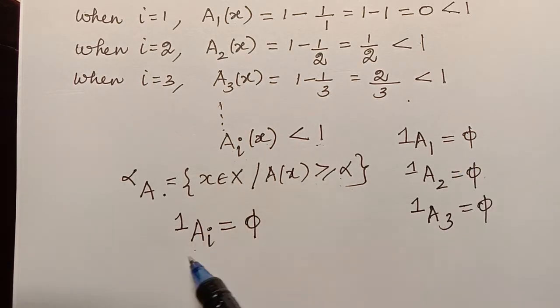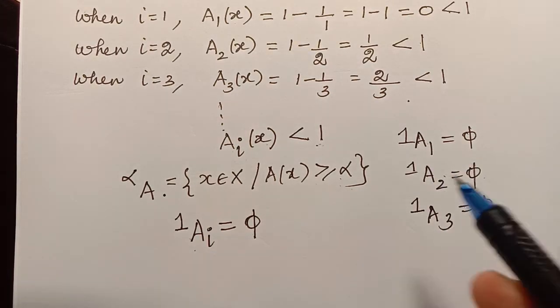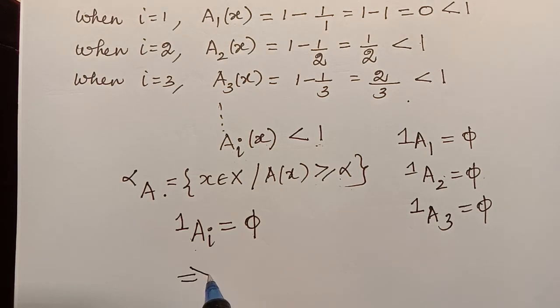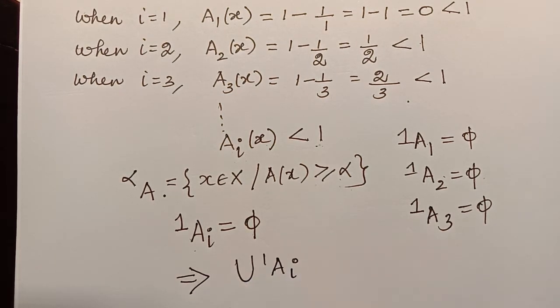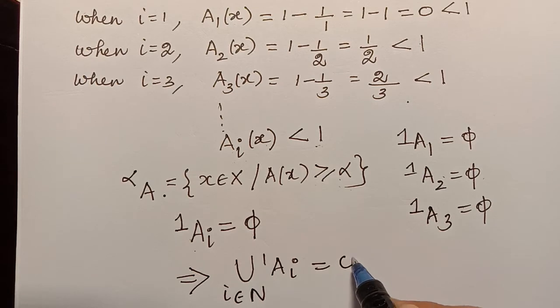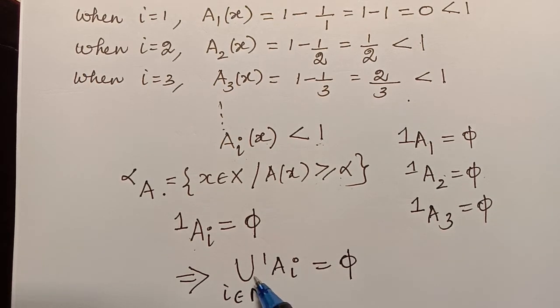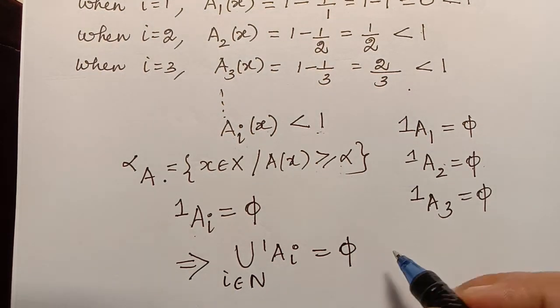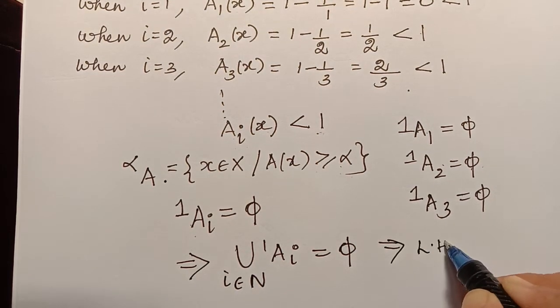If all these are null sets, then if we take the union of all the one cuts of AI for I an element of capital N, it will be equal to a null set only, because the union of all the null sets is again a null set. So this is the left hand side, right?